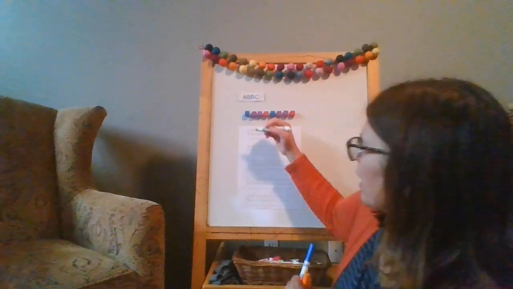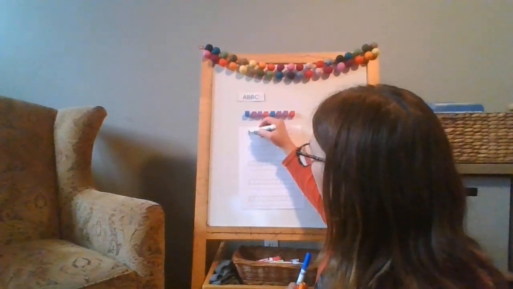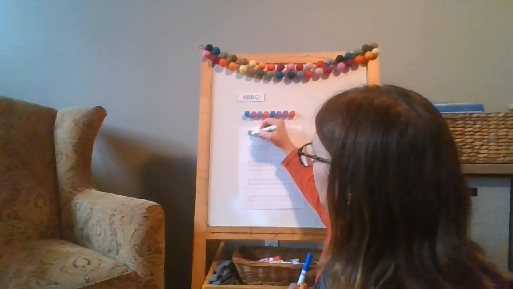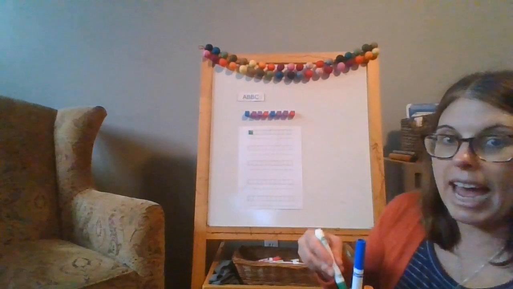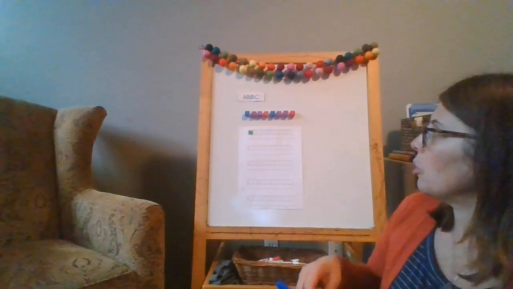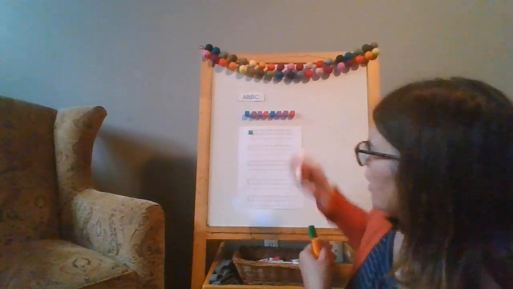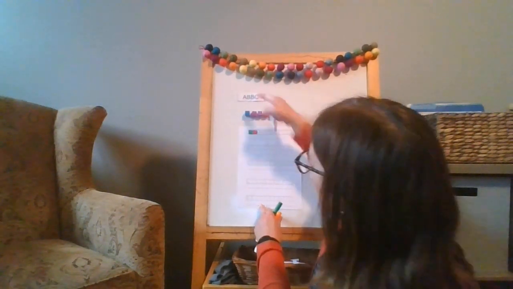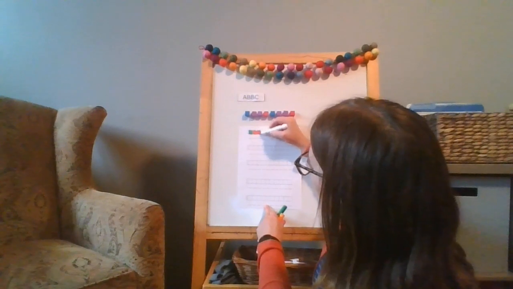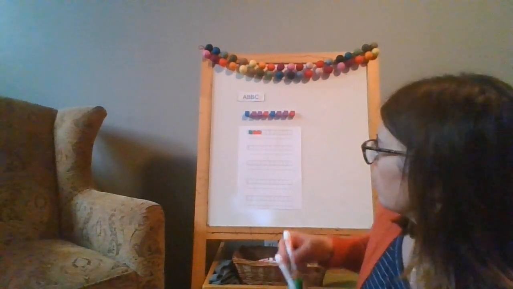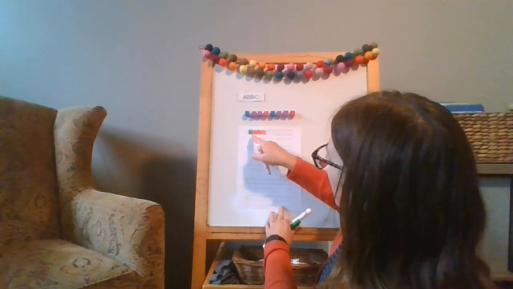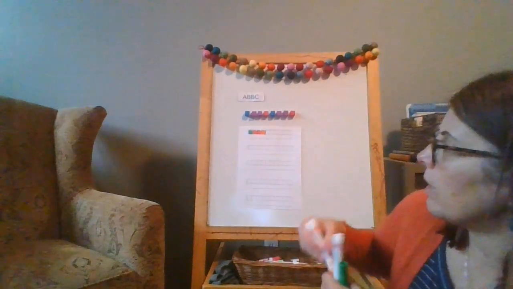So I need a color for A. So I'm going to pick green. So green will be my A. And I'm not going to do the neatest coloring job right now, so you don't have to spend all your time watching me. So green is A. Let's do red for B. So B, A, B, B. And then I'll do orange for C. So A, B, B, C. Now it's time to start over again.